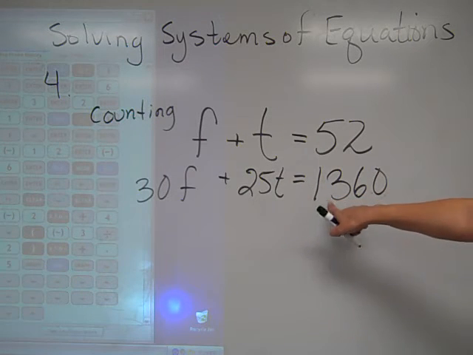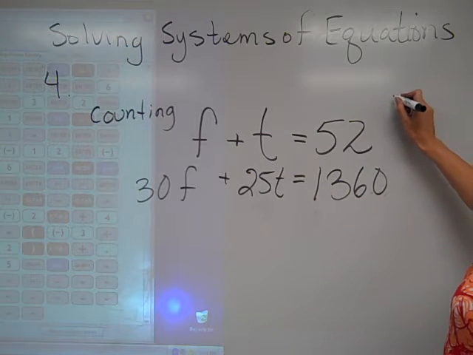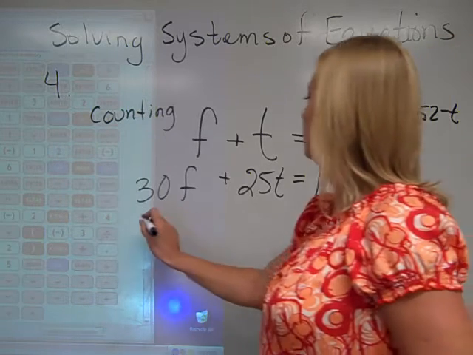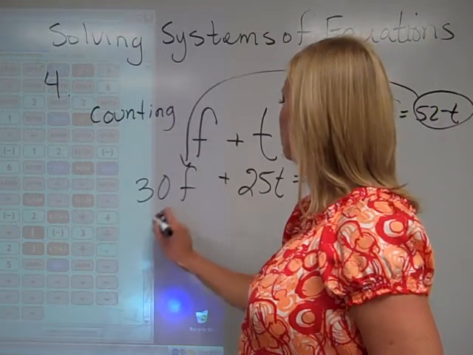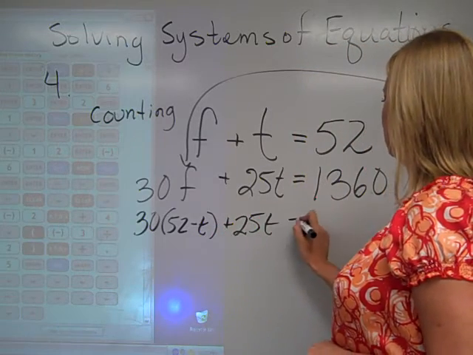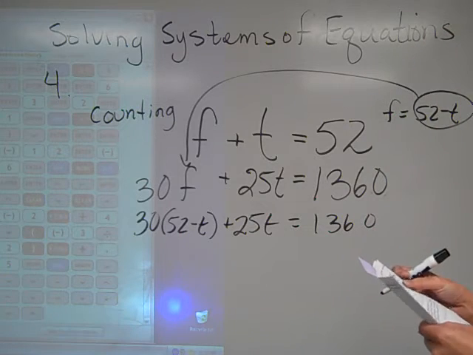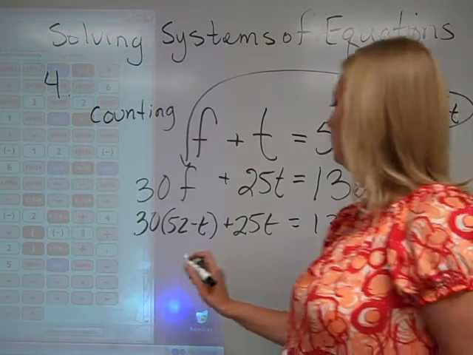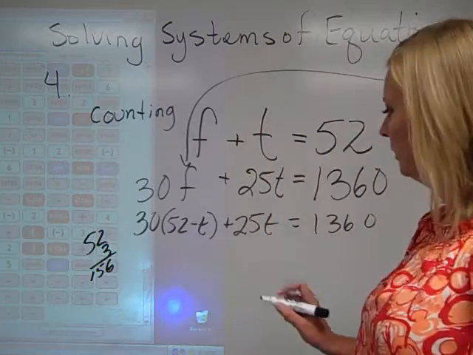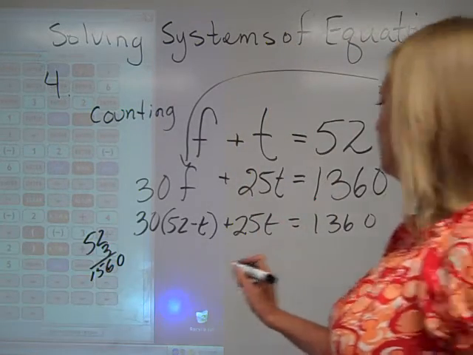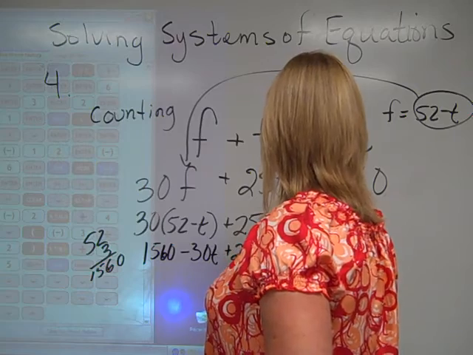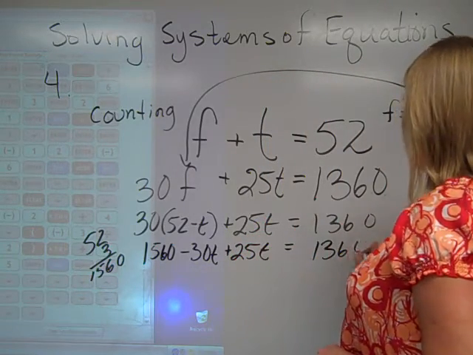Now, solving our equation, let's let F equal 52 minus T and substitute. $30 times (52 minus T) plus 25T equals 1360. $1,560 minus 30T plus 25T equals 1360.